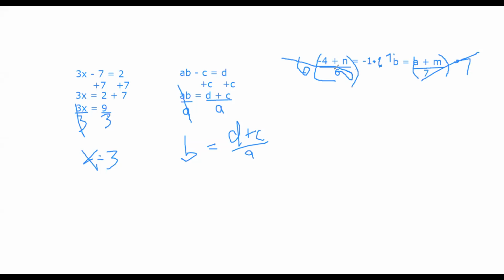Cancel, cancel. Everybody loves to talk about cancel culture these days. So can we apply that to algebra? I don't know. -1 times 6 is -6. On the other side, we got 7b equals A plus M.